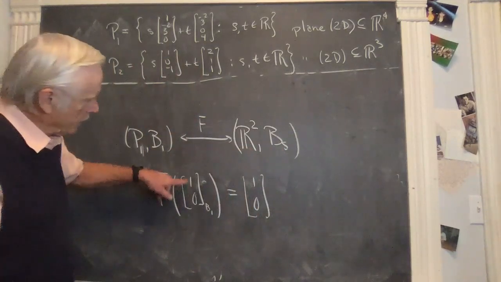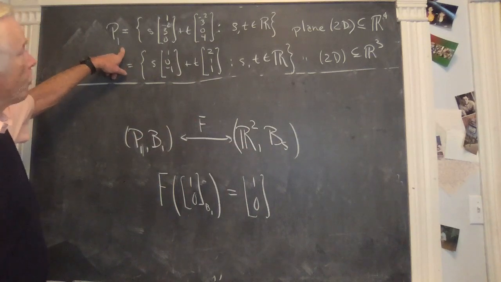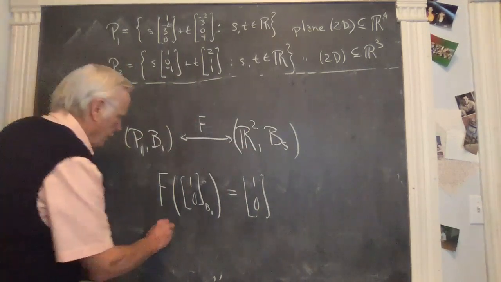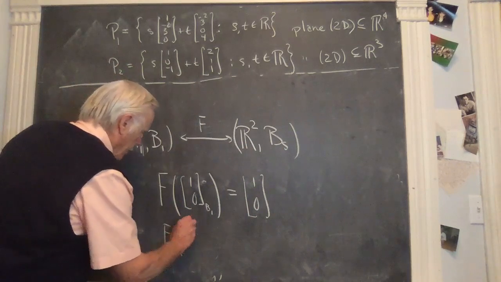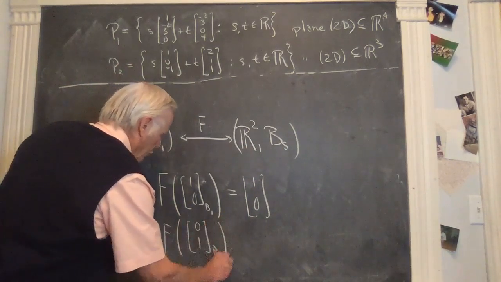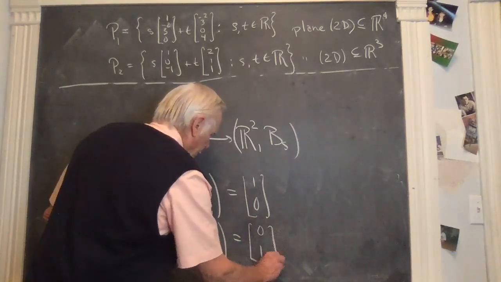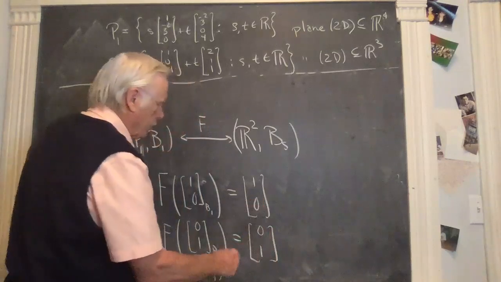So this means something in the plane, in this case, a plane in four-dimensional space. F of 0, 1, according to the basis B1, is going to be 0, 1, according to the standard basis in R2.